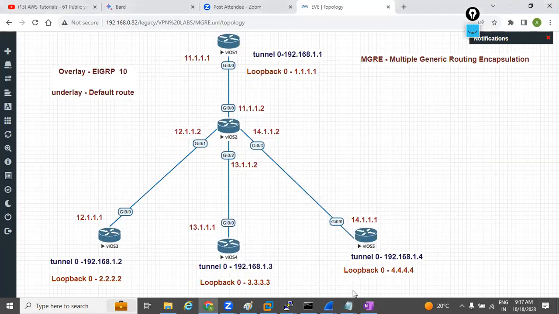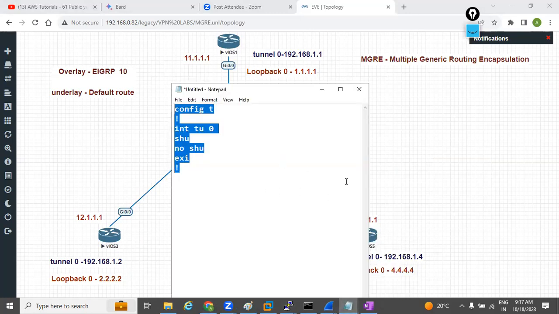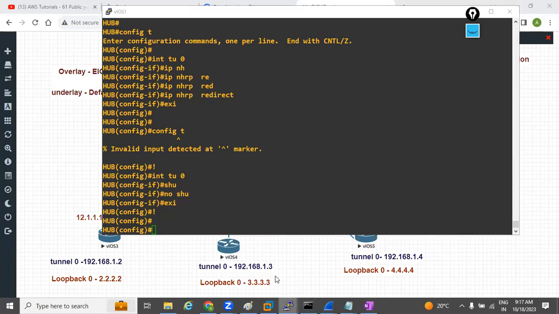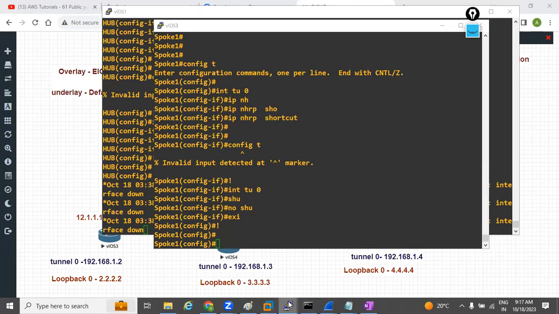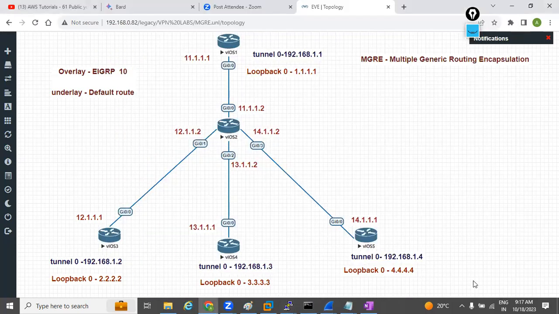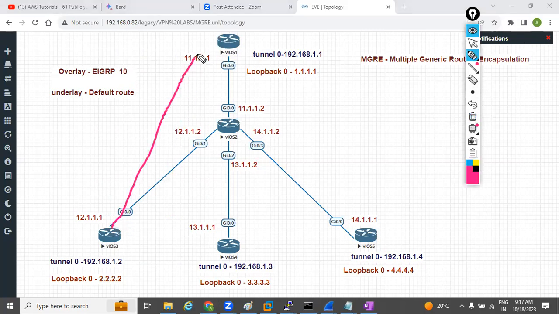Now copy. Hub, spoke 1, spoke 2, spoke 3. So in phase 3, the first packet would go via the hub, and from the second packet onwards, everything would be direct.